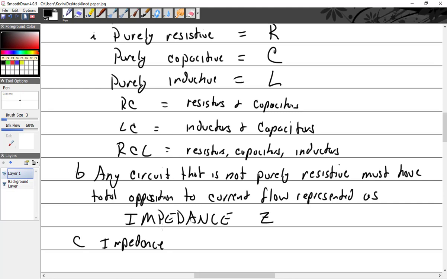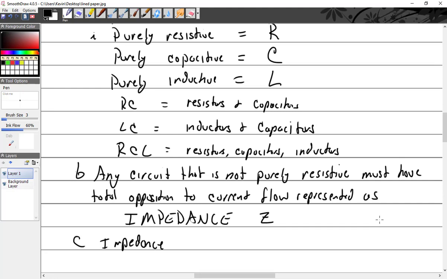Okay, so when we did circuits with DC, right next to the voltage source, the power source, we would always have E total, I total, and R total, right? And R total was the sum of the resistance, and there was nothing else to it, and that's just as complex as it actually gets.